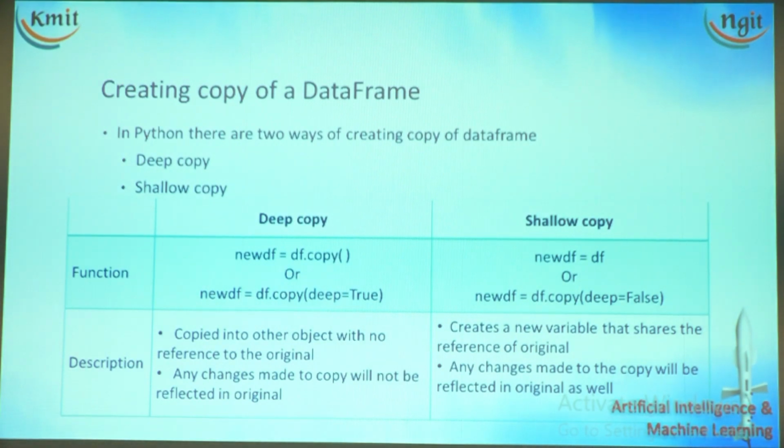So based on your application, if you are sure enough that your data has to be manipulated, work with shallow copies. If you are just exploring your data and you really want to do something new with it, then you make a deep copy and then you work with it. Afterwards, when you are sure enough, you can replace them, then you work with your shallow copy. Clear with this, everybody?